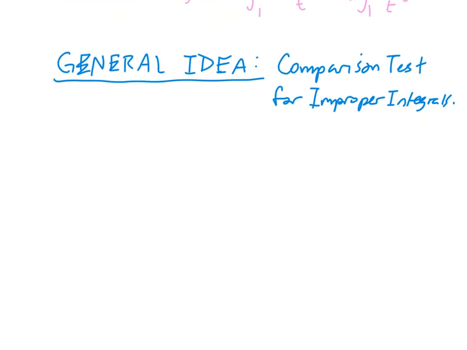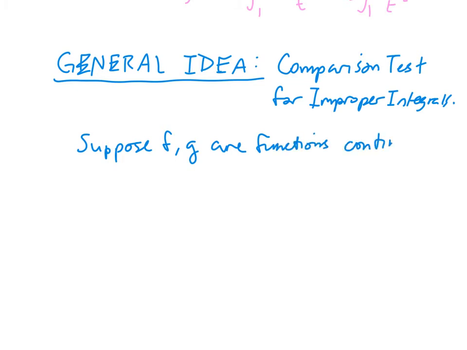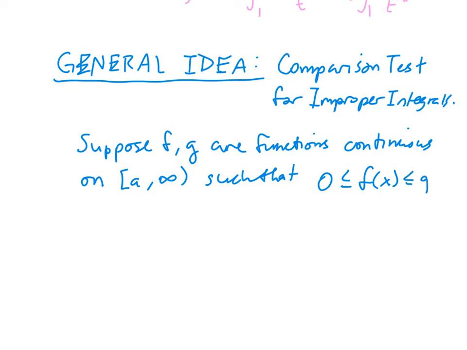Suppose that f and g are functions continuous on the interval a to infinity such that 0 is less than or equal to f of x is less than or equal to g of x for all x in that interval.